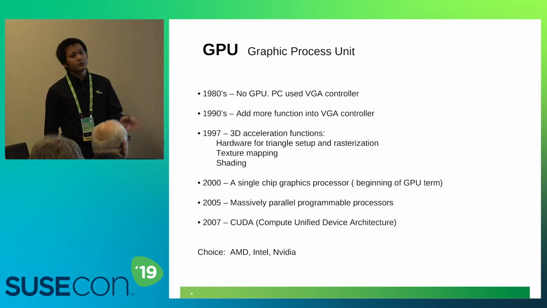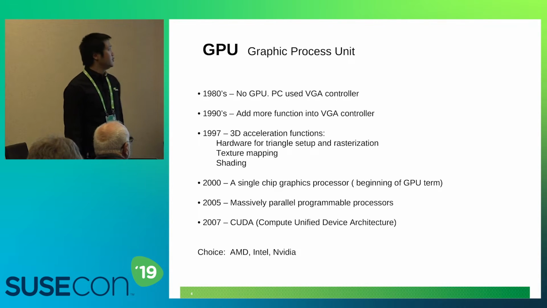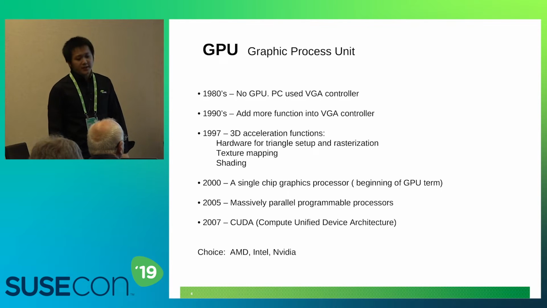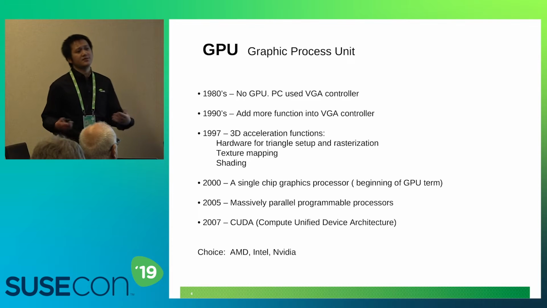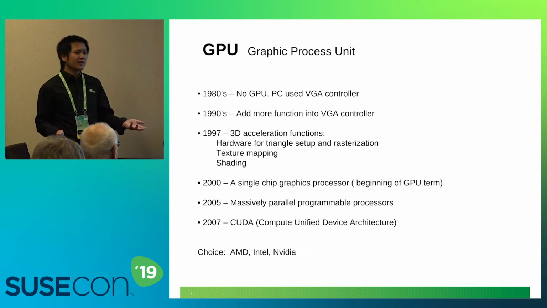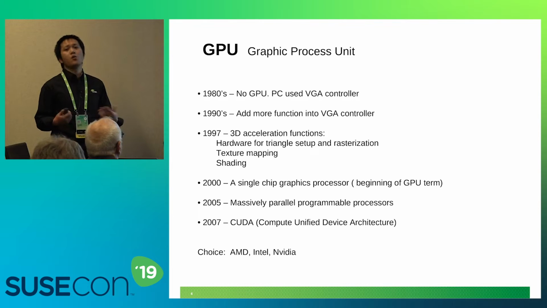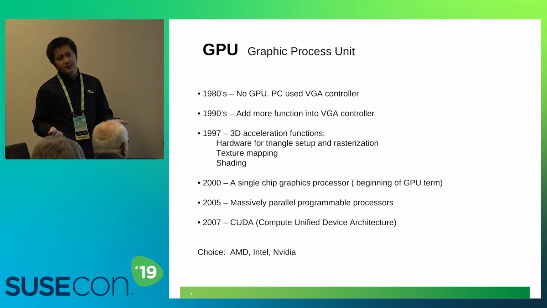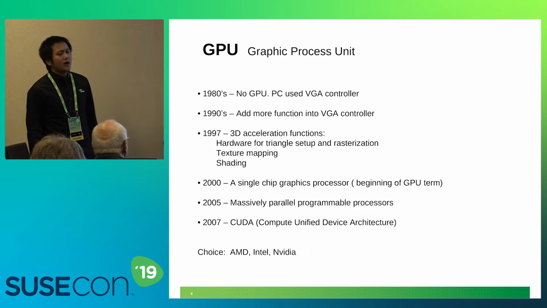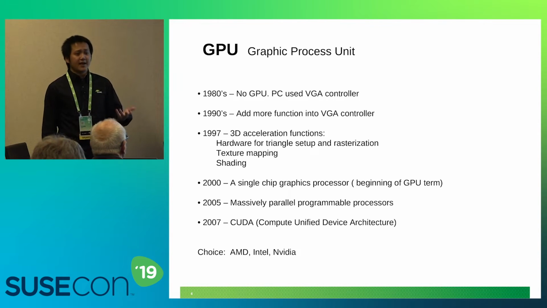But after that, since around 1997-98, I want to mention the 3D acceleration part. It needs more functions, and it makes the cards so complicated. If you are familiar with 3D, you know there's a rendering process, a shading process. Anyway, it makes the whole unit so complicated, and it's so hard to extend later. Then came the unified architecture.